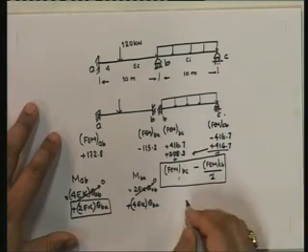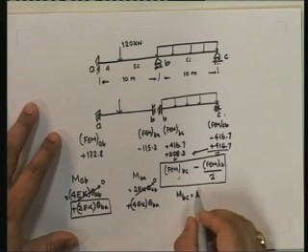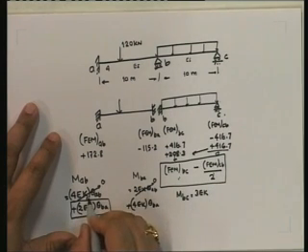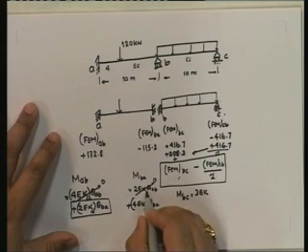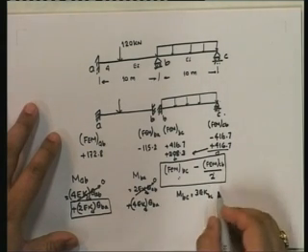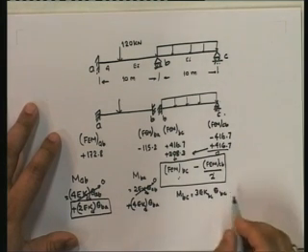For BC, what is it? It is given as MBC equal to 3EI by L. So this is KAB, and this is EI by L for BC: 3EK BC into theta BC. That's it.